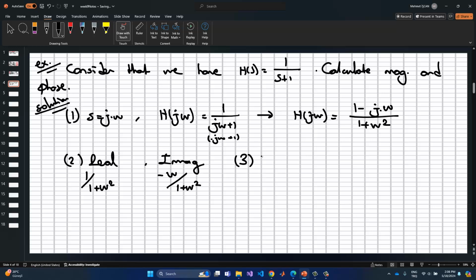Okay, so the absolute value of H(jw) can be given by the square root of 1 divided by 1 plus w square, squared, plus w squared divided by 1 plus w square, squared. And with these simplifications, we can take 1 divided by the square root of 1 plus w square. Okay, these are the computations in our algorithms.